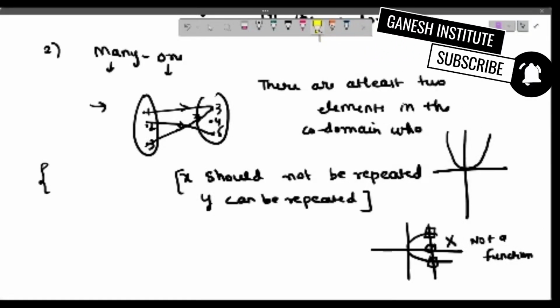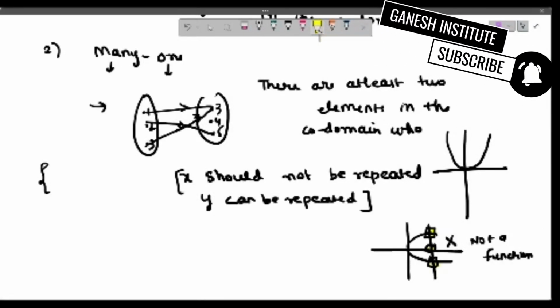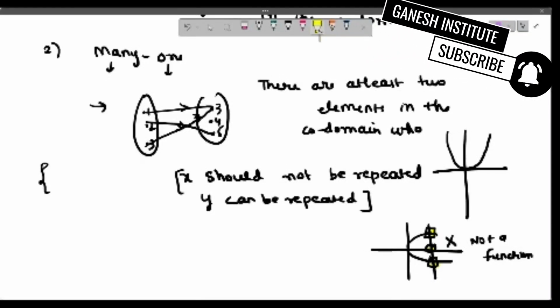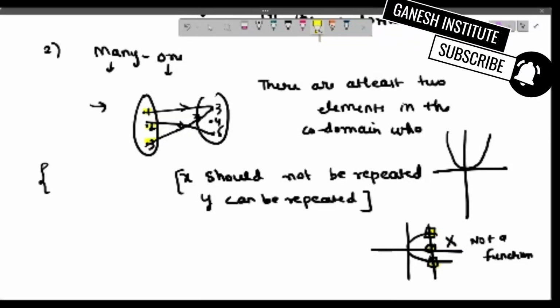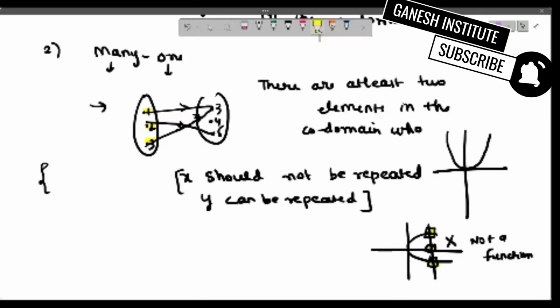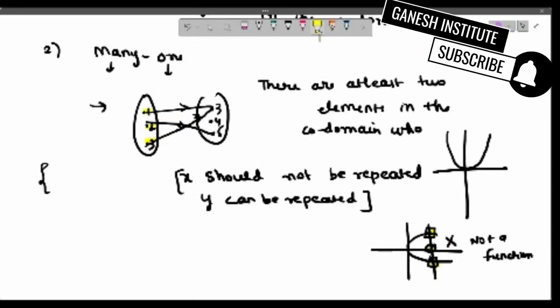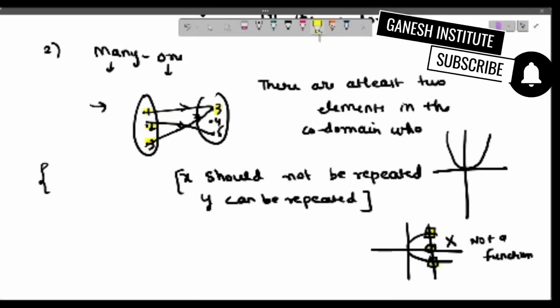This is not a function because for one x, I have two values of y. Here I have different x. No particular element here in the codomain has the same pre-image.